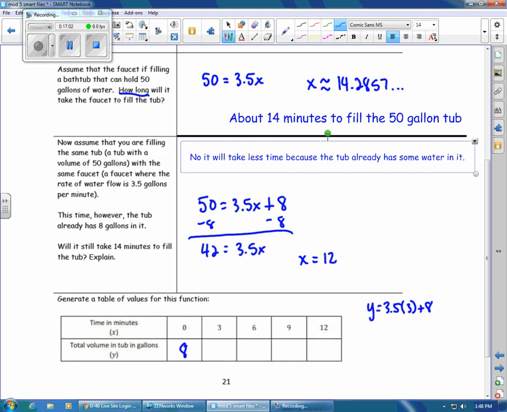So 3.5 times 3 plus 8 is 18.5. Same thing with the next one. Y equals 3.5 times 6 plus 8. It's going to be 29. 3.5 times 9 plus 8, and y equals 3.5 times 12 plus 8.